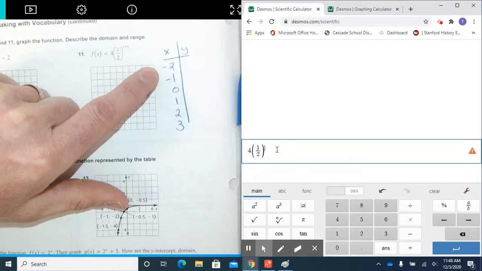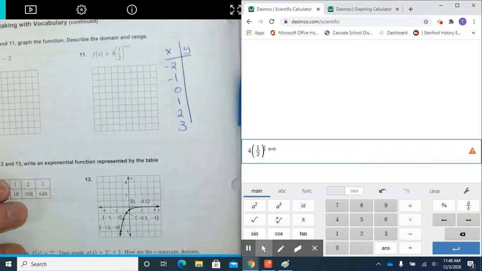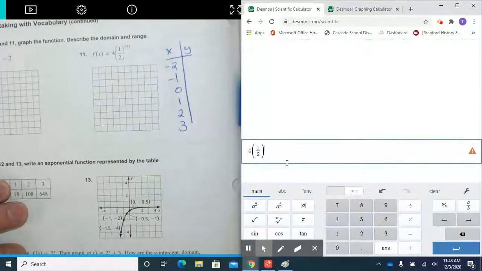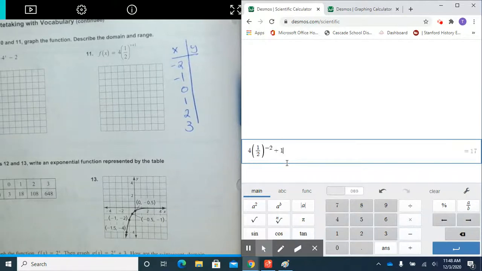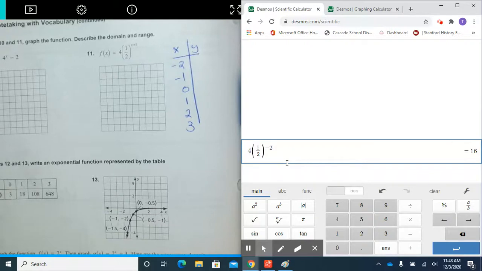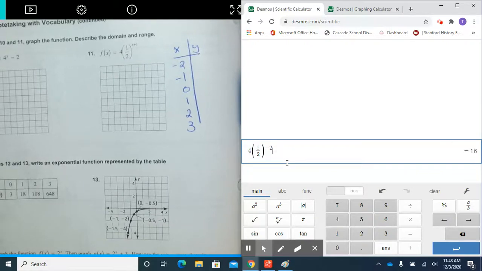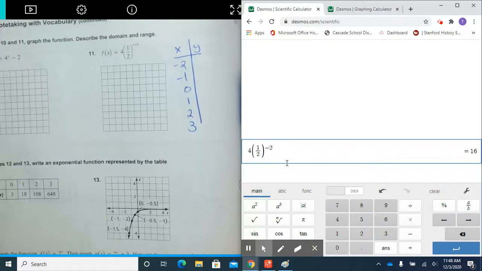Since it's x plus 1 in the exponent, let's put a -2 in there. So -2 plus 1. I can't put a plus 1 up there. So what's -2 plus 1? -2 plus 1 is -1.